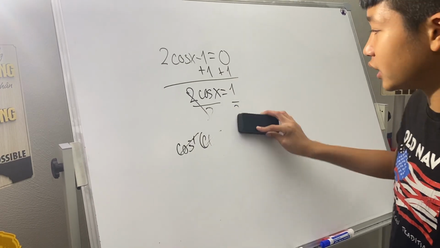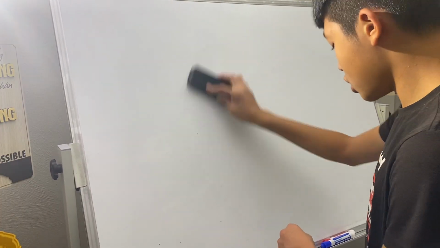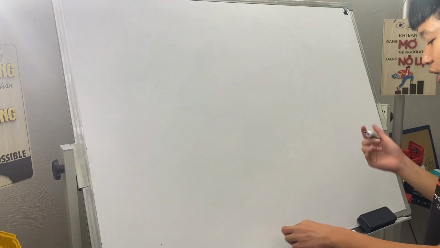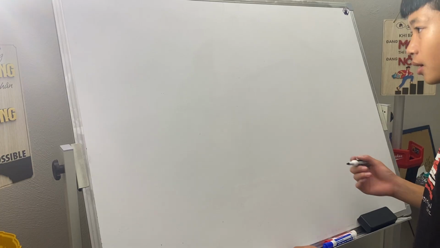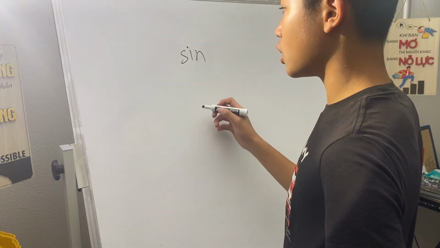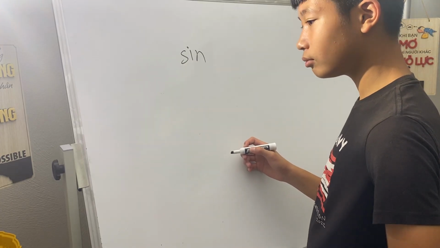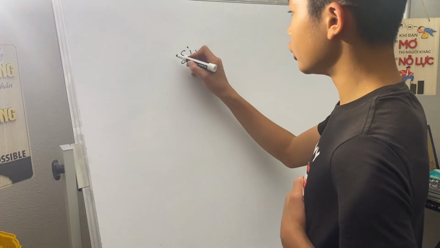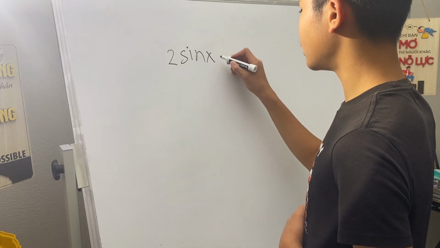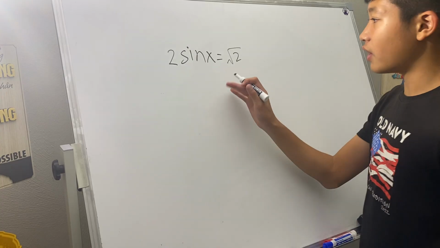Okay, let's do sine this time because we did a lot of cosine. Okay, so we have two sine x equals square root 2. Divide by 2 on both sides.